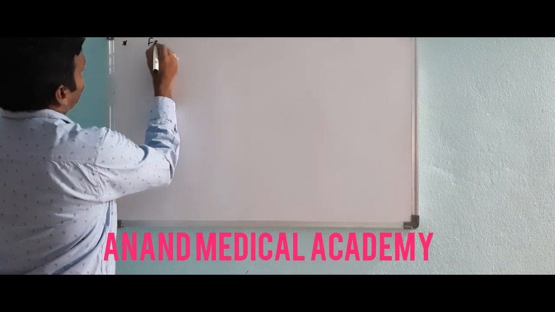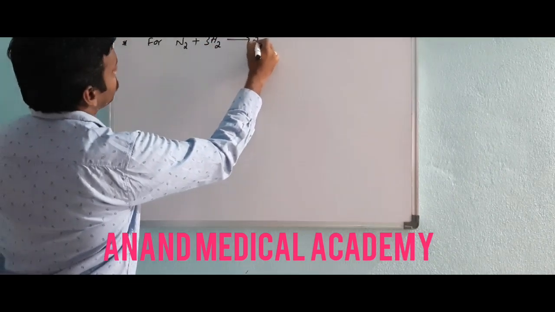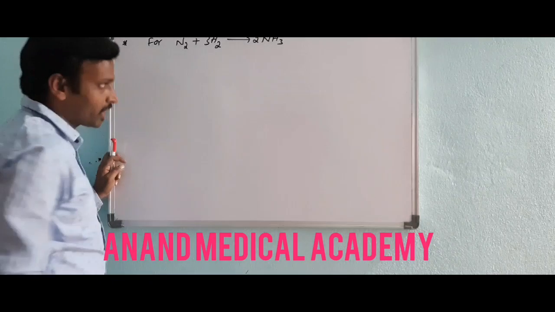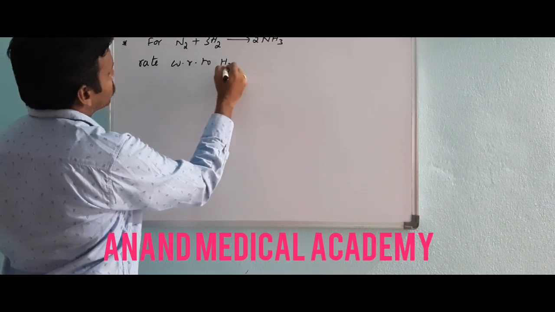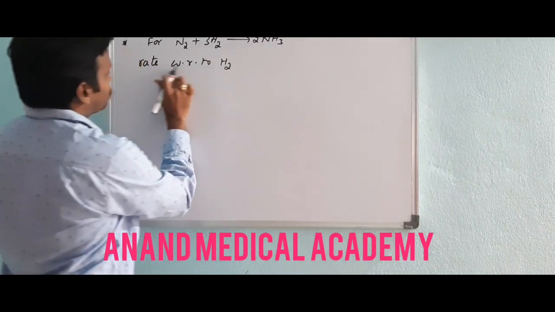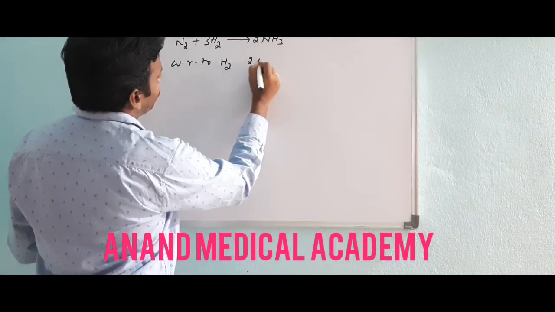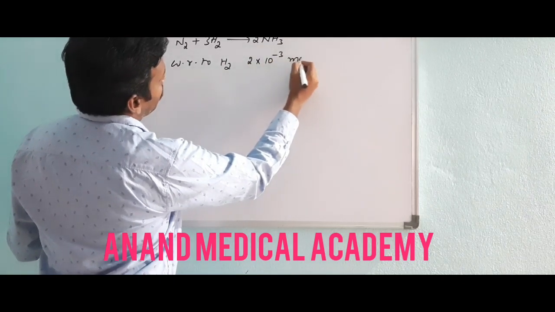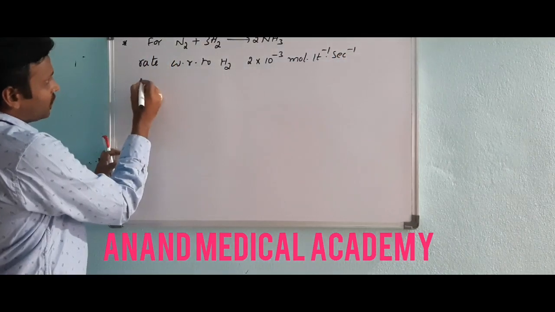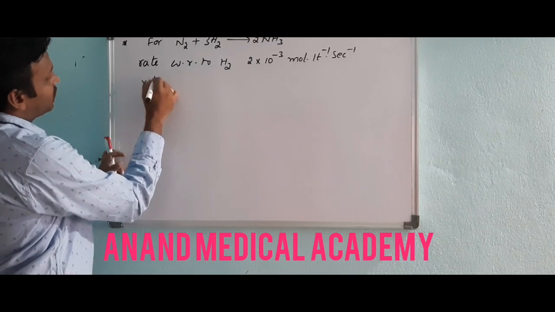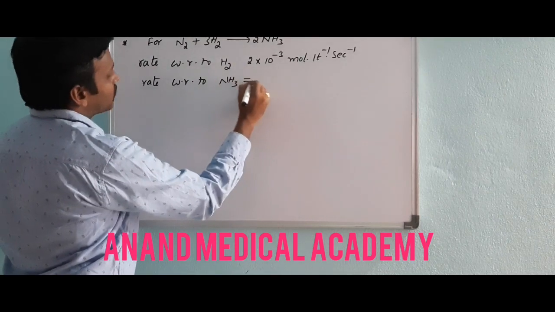So for N2 plus 3H2 gives 2NH3, suppose the rate with respect to hydrogen was given as 2 into 10 power minus 3 mole liter inverse second inverse, and you must calculate the rate with respect to ammonia. So with respect to ammonia, what is the rate?